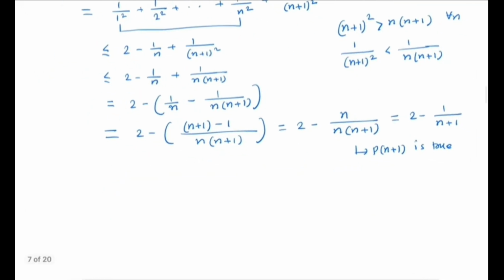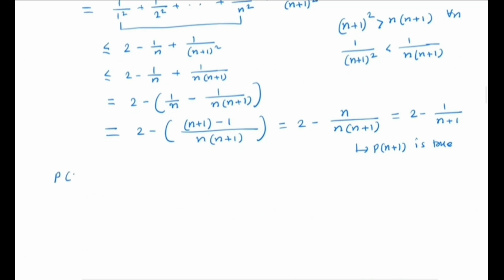So what we got so far? We get P1 is true, and if we assume Pn is true, then that implies P(n+1) is true.